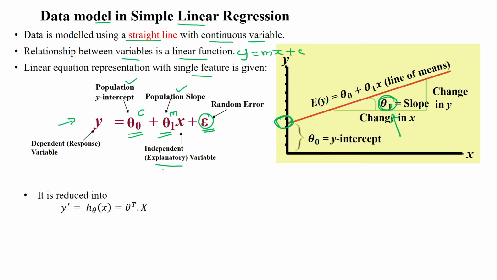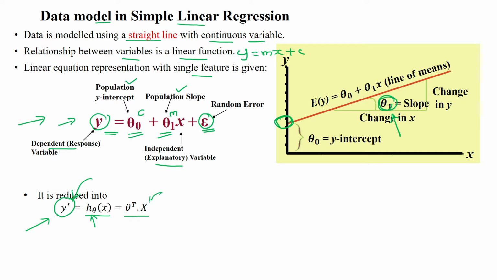X is the explanatory variable, independent variable, or predictor variable. Y is called the response variable or dependent variable. So this equation can be transformed into the predictive model, that is hypothesis of x with respect to the parameter theta. Y dash, in the sense predicted output, equals the hypothesis of x with respect to theta, which is calculated by using theta transpose x.